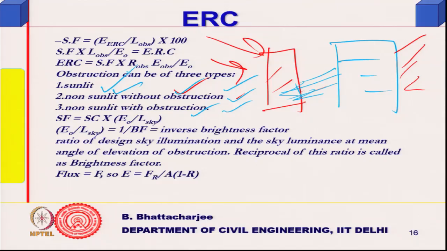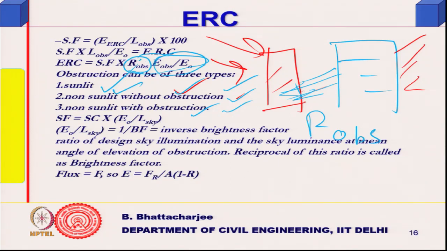What is given? R obstruction value is given, the reflectivity of the obstruction is given. And what is given, in tabular form, is E obstruction divided by E 0, and R obstruction values are given.